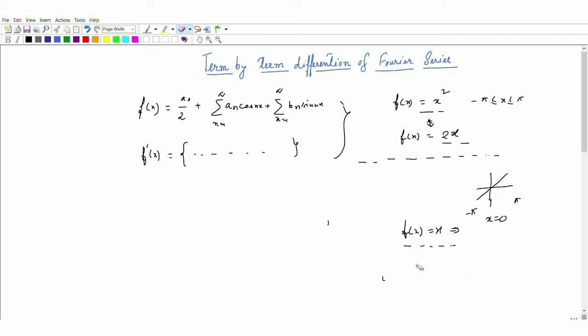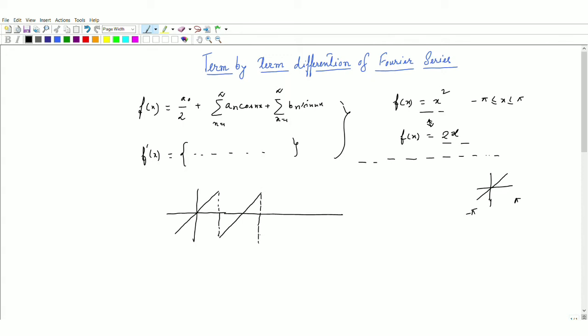Okay, so if you draw the function f(x) equal to x, it is a linear plot, and if you do the periodic extension, whatever we draw in Fourier series of any function, we have to see that thing in terms of periodic extension.